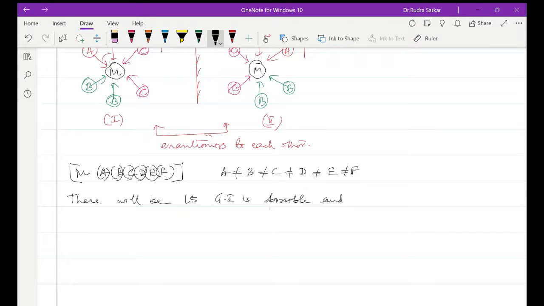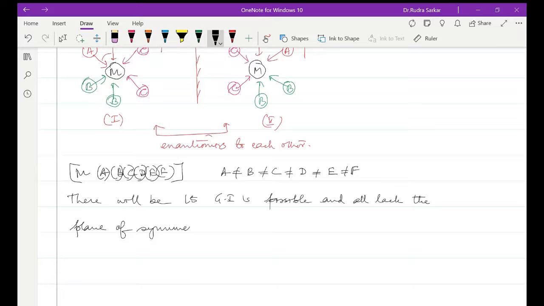and all lack the plane of symmetry, or the center of symmetry.